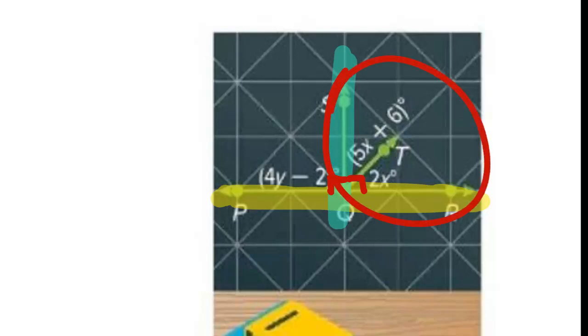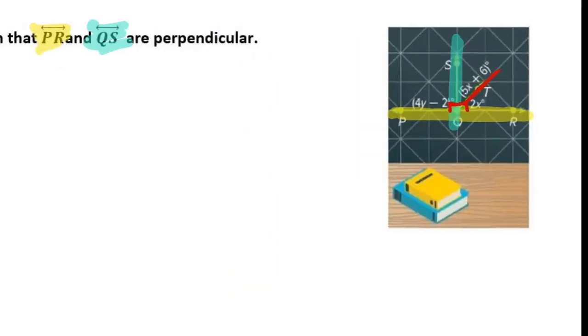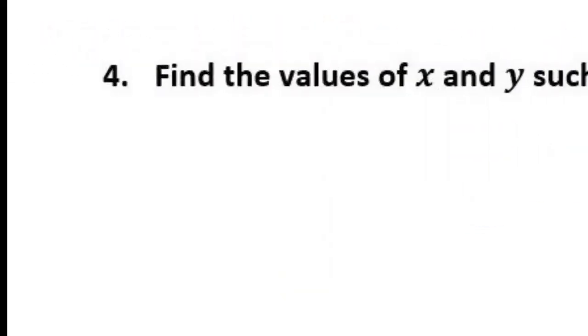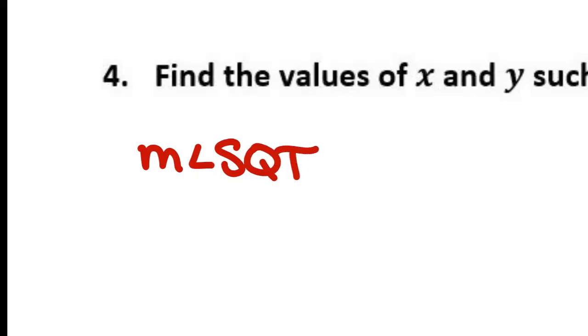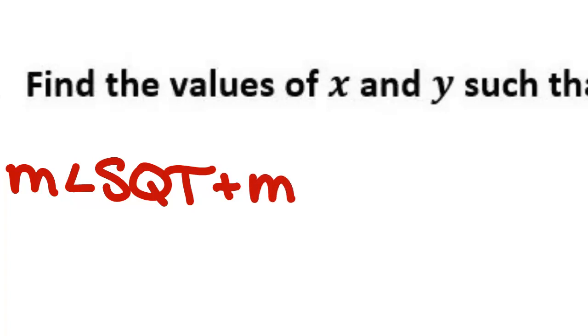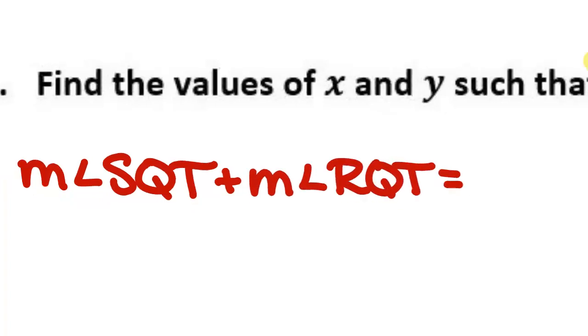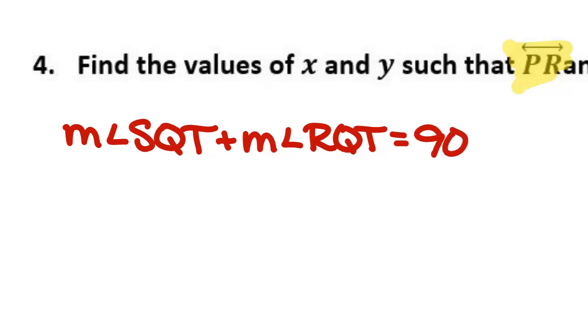Over here where x is, because I have x as part of this angle and as part of this angle, I notice that they are adjacent angles. They share this side. So angle SQT together with angle RQT equals 90 degrees.